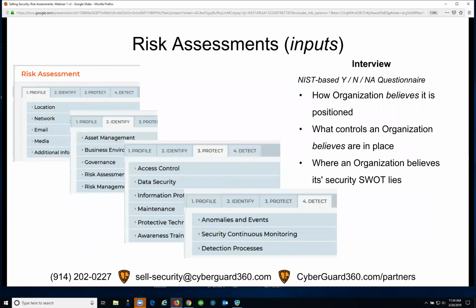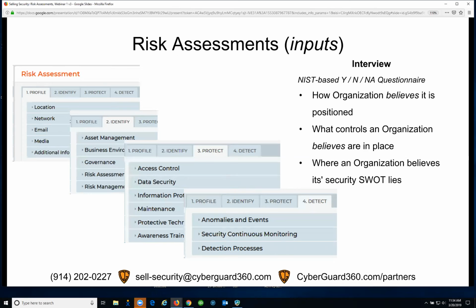And then within that wheel that we talked about, you've got those three items that you're looking for: identify, protect, and detect. So we're looking at everything within the enterprise relative to those three areas in a NIST-compliant fashion. And the interview process, as an example, looks at how the organization believes it's positioned.